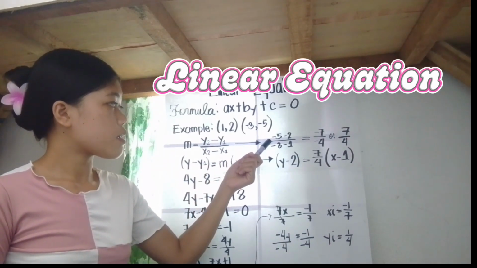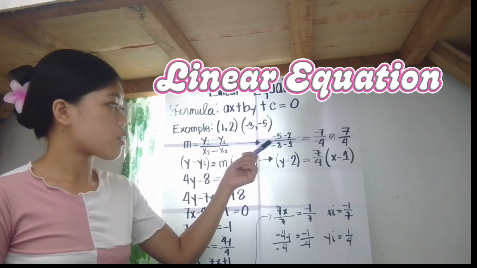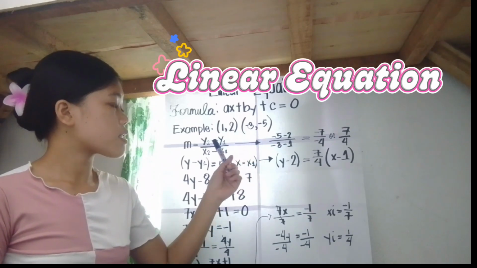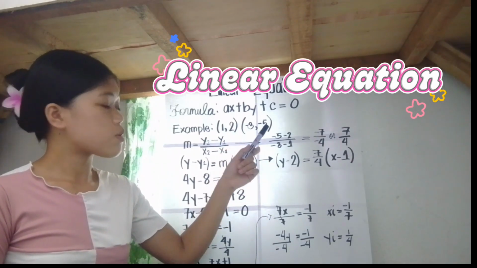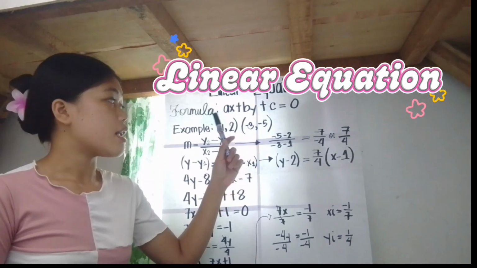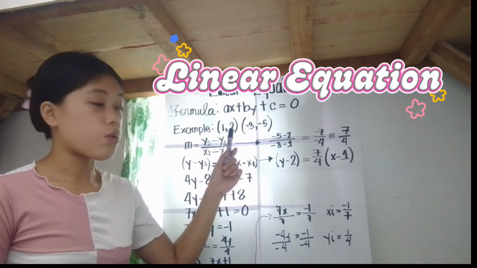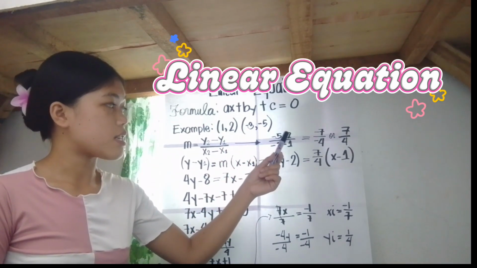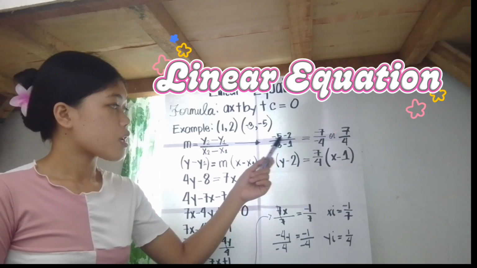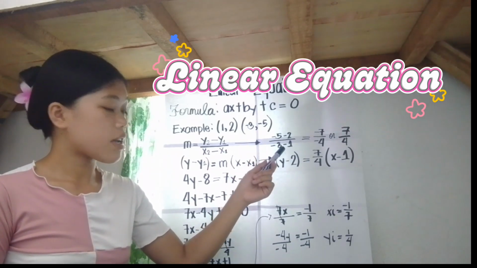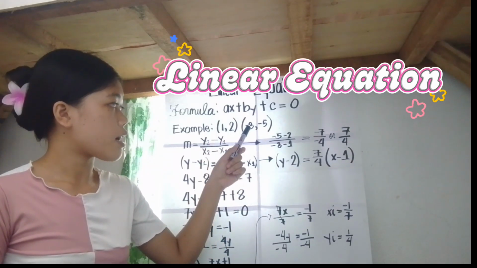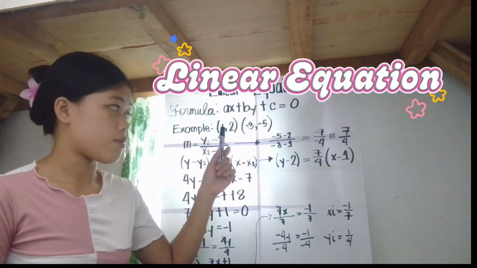In our numerator, we have y sub 2 minus y sub 1. Our y sub 2 is negative 5 and our y sub 1 is 2. So we have here negative 5 minus 2, then over negative 3 minus 1, because this is our x sub 2 and this is our x sub 1.